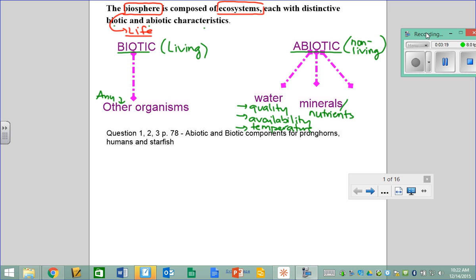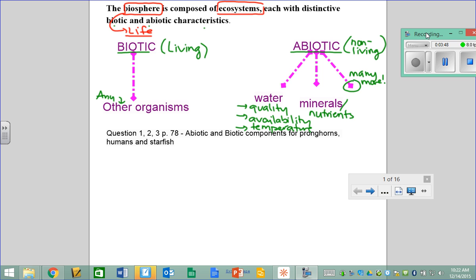So I left this third one sort of empty because there are many, many, many things that could affect an organism's survival and affect their life that are not living. So to help us get a bigger list, especially in the abiotic category, I'm asking us to do a couple of questions that come out of your textbook. So you don't actually need to get your textbook out because I wrote the question here.